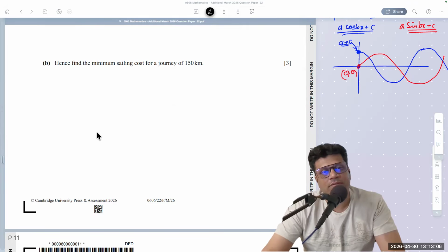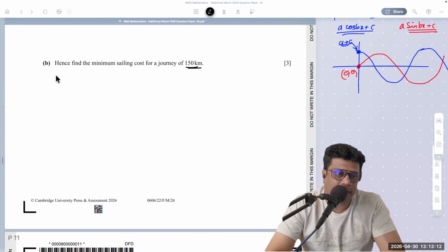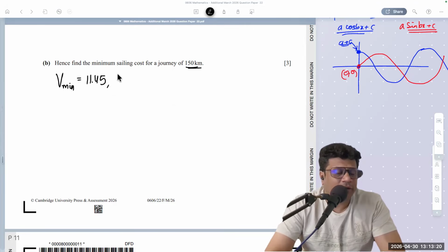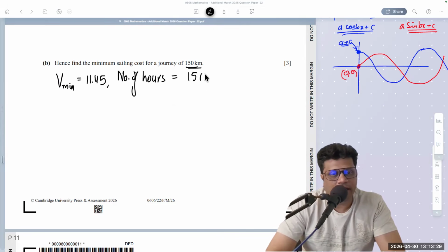Hence, find the minimum sailing cost. Okay, for 150 kilometers. Well, if the velocity minimum was 11.45, it'll take you a few hours to go through 150 divided by 11.45.